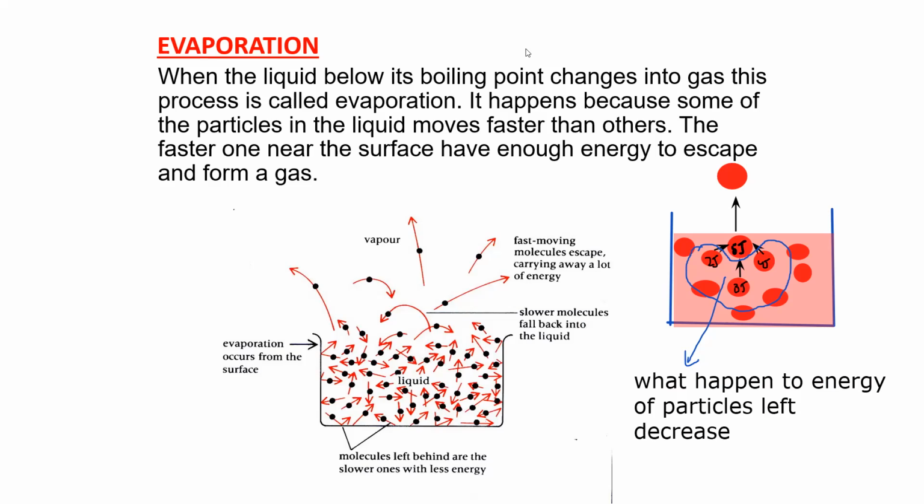For example, if this is a part of your skin, this can happen with perfume, because the particles of perfume can vaporize more easily compared to water. So what happens? Say you use a perfume.